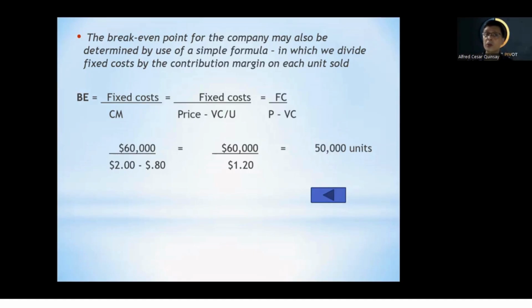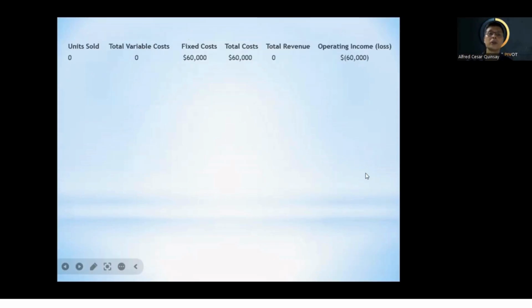In other words, the contribution margin is obtained by deducting the variable cost from sales. So that would be 60,000 divided by 1.20. That's 50,000 here.